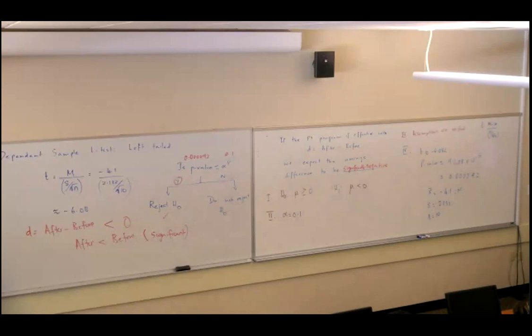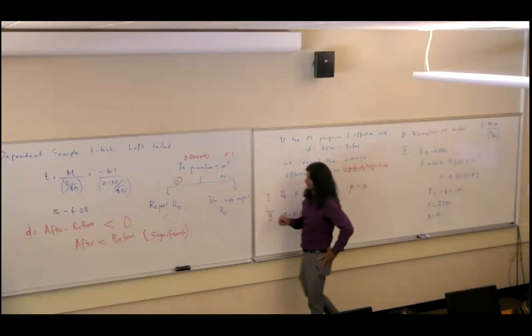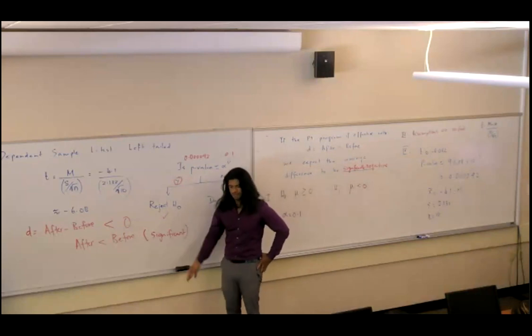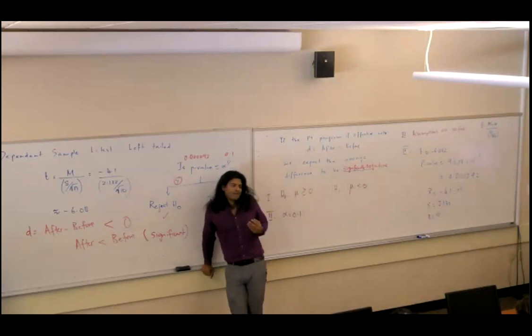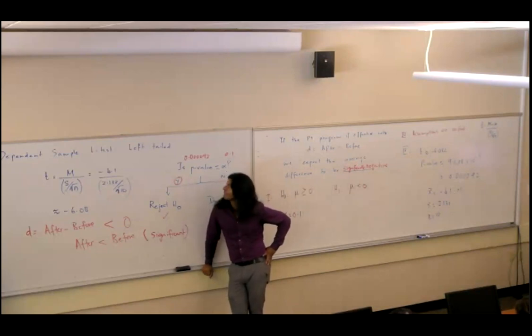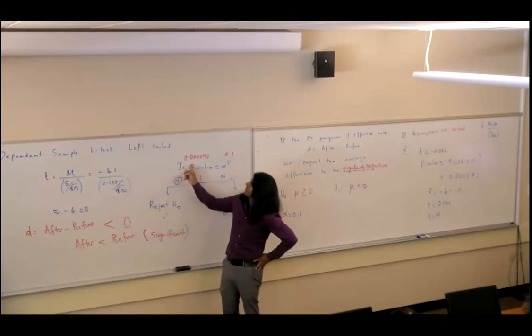What is the probability based on the data? I've rejected the null. What are the chances, or what is the probability, that I made a mistake, or I'm likely to have made a mistake? Was it 0.00092? 0.000092. Good.